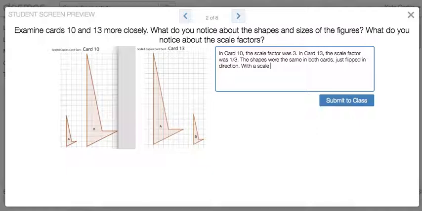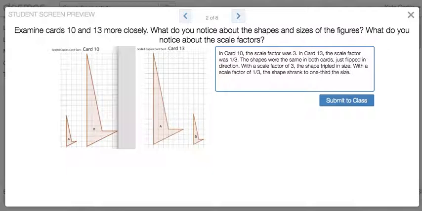With a scale factor of 3, the shape tripled in size. With a scale factor of 1/3, the shape shrank to 1/3 the size.